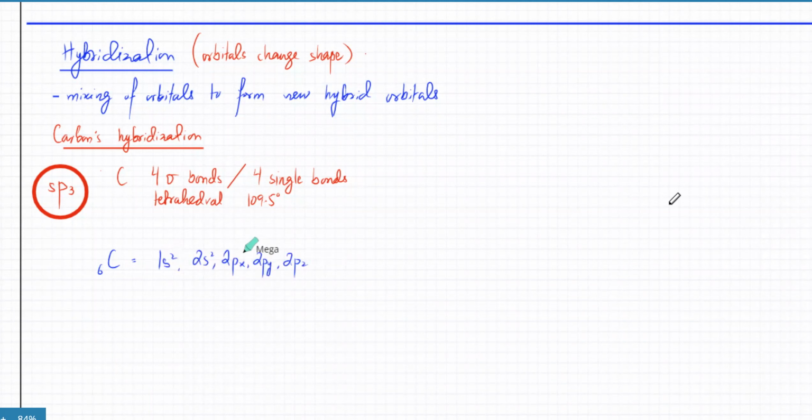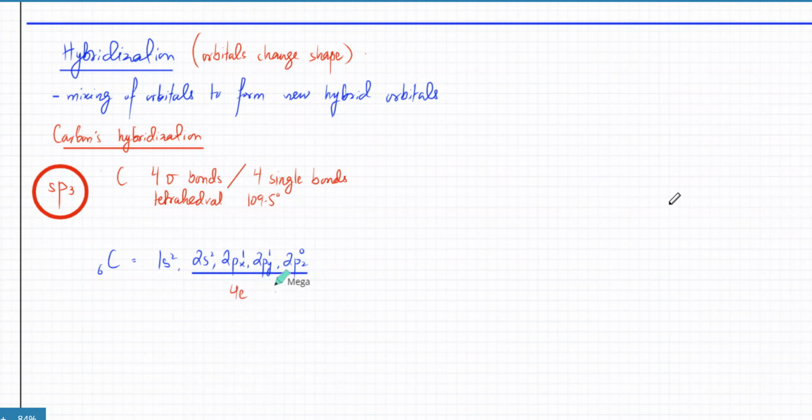This will have 1, this will have 1, and this one would be empty. So this is carbon's outer shell. It's got 4 electrons in total, distributed in this way.